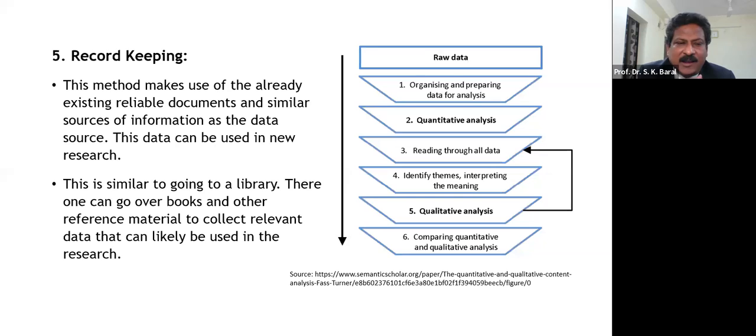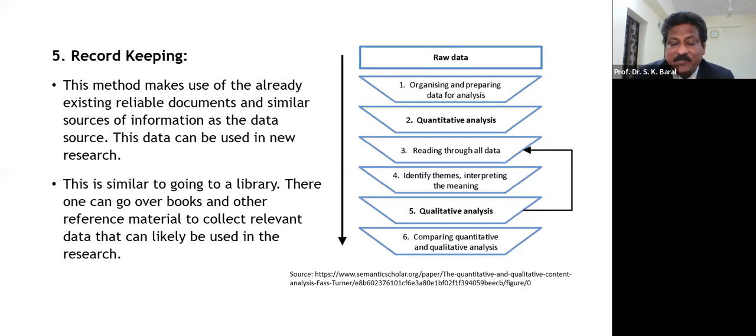You can take the example of the library. They can go over books and other reference materials to collect relevant data. So record keeping is an art for a researcher.